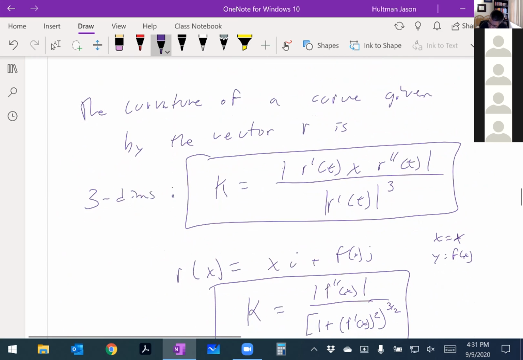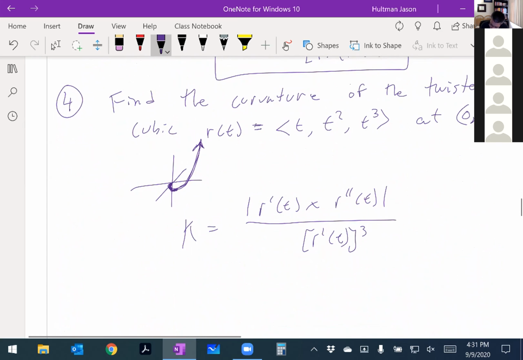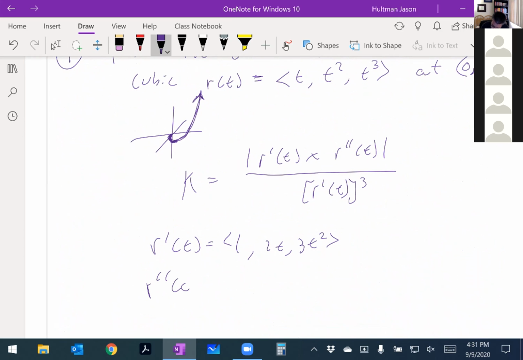That was our formula there. So what's r prime of t? r prime of t is going to be equal to 1, 2t, 3t squared. What's r double prime of t? Well, that's 0, 2, 6t.